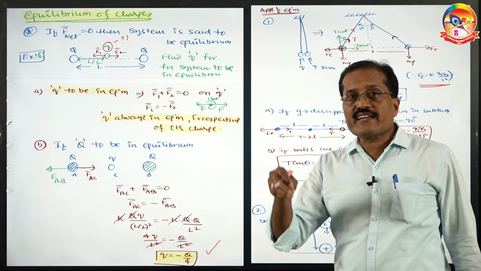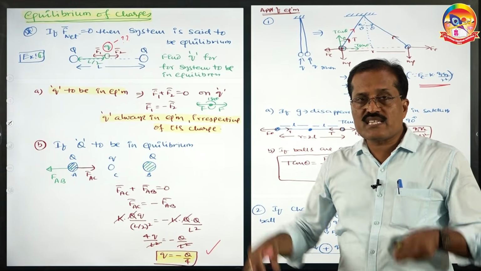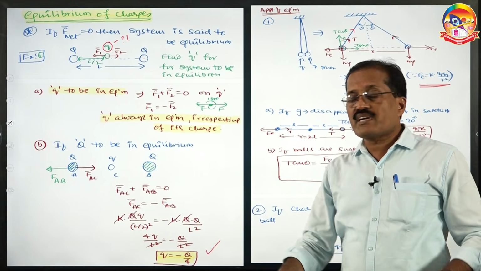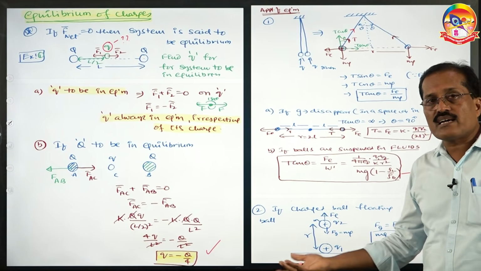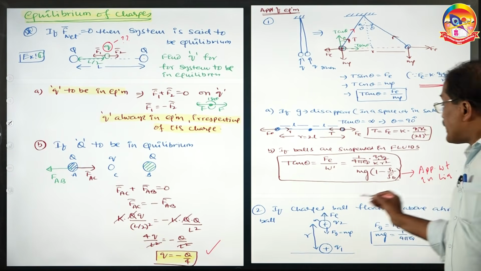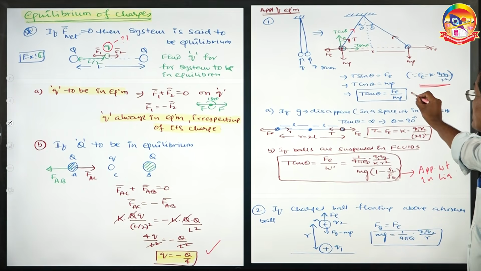What is k? The dielectric constant of the liquid in which the two bobs are placed. The system is completely placed in the liquid. In that case the k value changes because the medium changes, the apparent weight also changes, and the tan theta value also changes. Earlier was the tan theta without medium, and this is with medium.